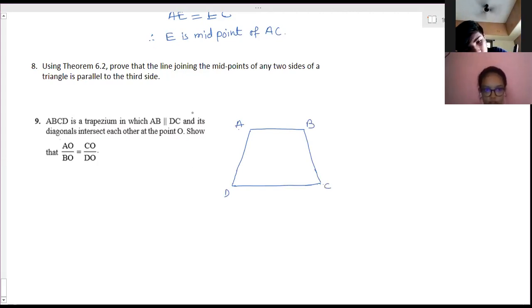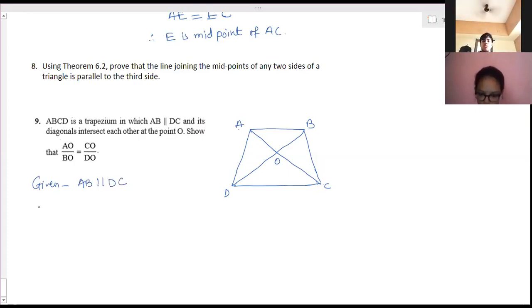Its diagonals intersect each other at point O. Show that AO by BO is equal to CO by DO. Given AB parallel to DC, that is only given. We have to prove AO by BO is equal to CO by DO.